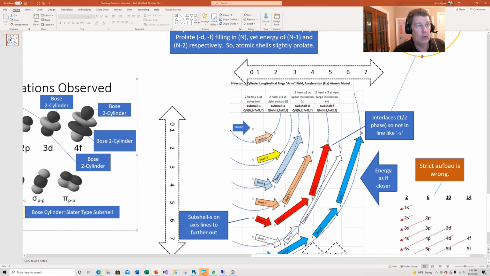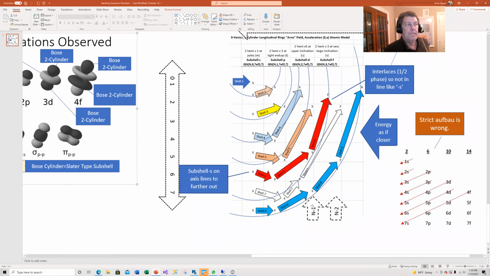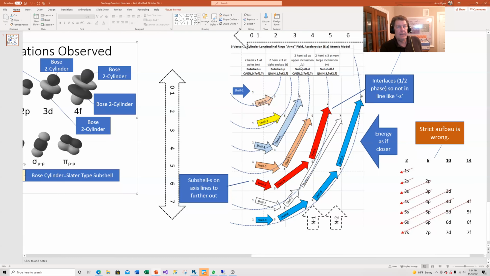This circular shell will get you there. So for subshell D or subshell F, you get it filling in the order of n, but with the energy of n minus 1 or n minus 2, respectively. And that's based upon this simple 3D geometry.